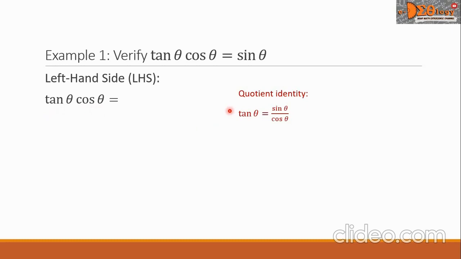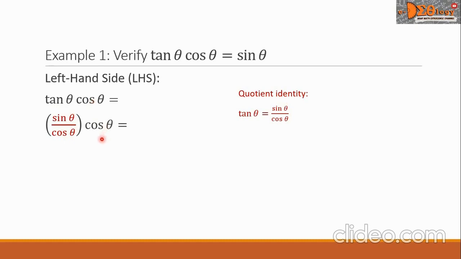Using the quotient identity, I know that tangent theta equals sine theta over cosine theta. I am going to use this value to replace the tangent theta here. So the left hand side becomes sine theta over cosine theta, replacing the tangent theta, times the cosine theta I simply copied.